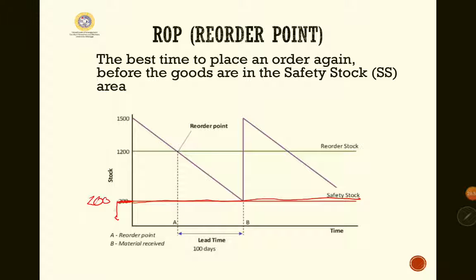They have 200. This is the safety stock. This is their maximum stock, maximum inventory, and we have ROP here. So in the ROP concept, you have to know your lead time, the time that inventory will be sent to you from the supplier.